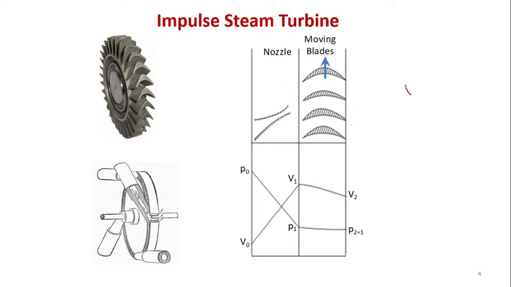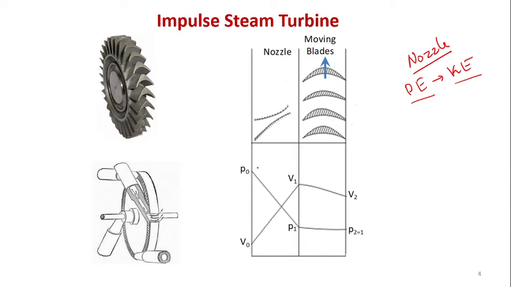The pressure energy is converted into kinetic energy in the nozzle. The outlet velocity is higher than the inlet velocity. So in the nozzle, the pressure energy is converted into kinetic energy.